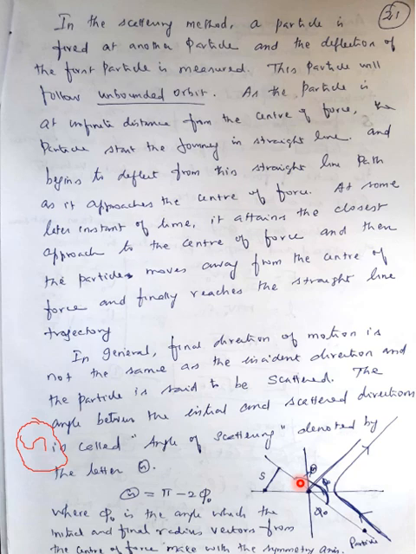Now, the angle between the initial and scattered direction is called the angle of scattering, and it is denoted by the letter theta. You make a circle, and inside that you make a C-shaped symbol.